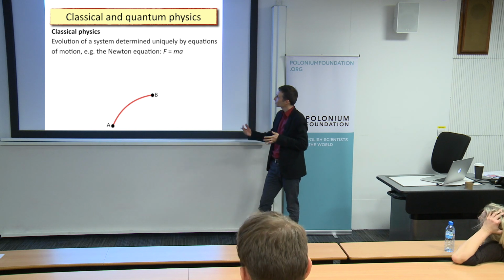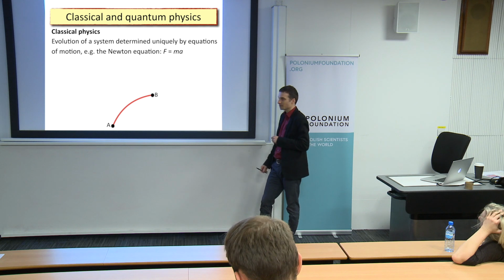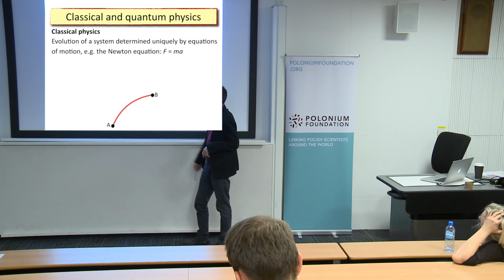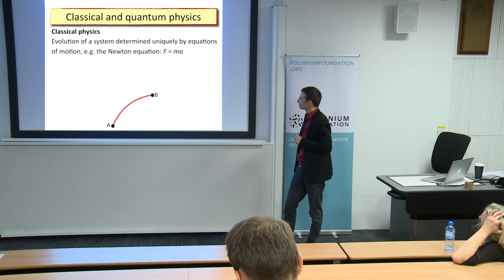Namely, there are some equations which are called equations of motion. If you solve them, you can predict how a given system behaves. So if you have a particle at point A, you solve equations of motion, and then you find that it will reach the point B following some trajectory and so on.